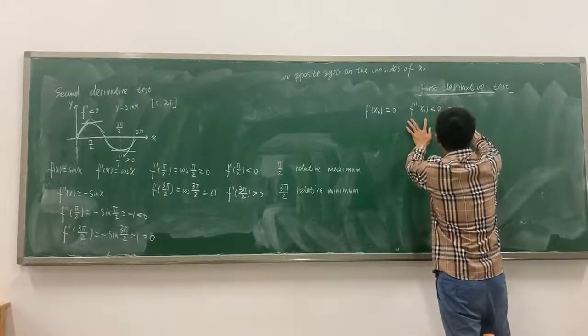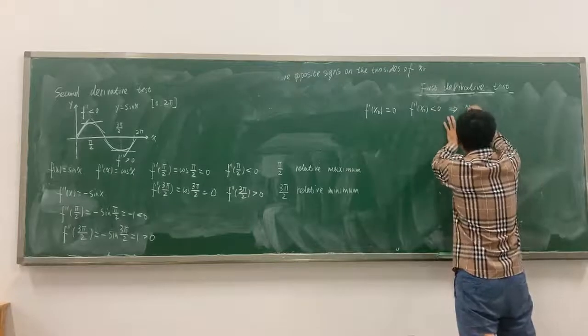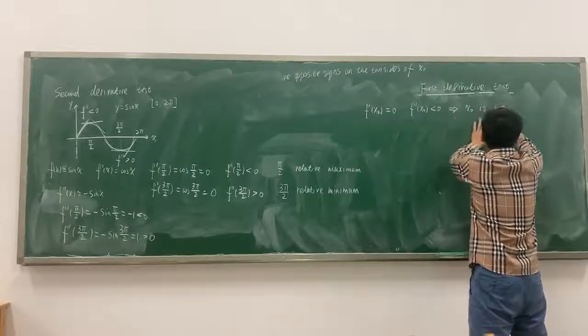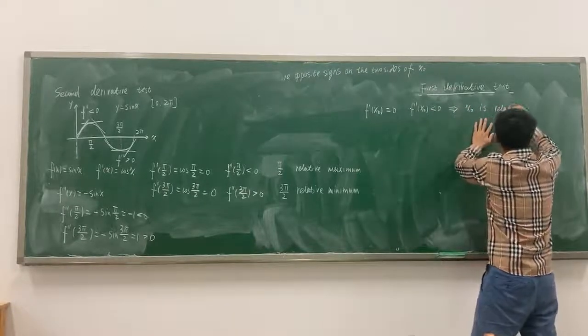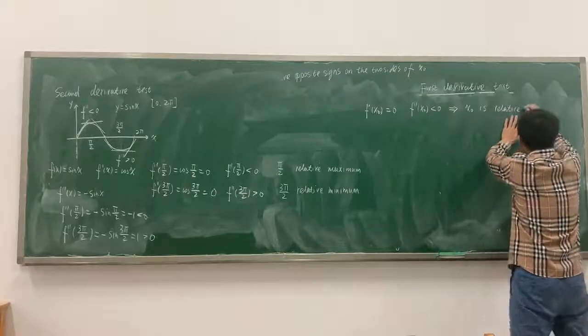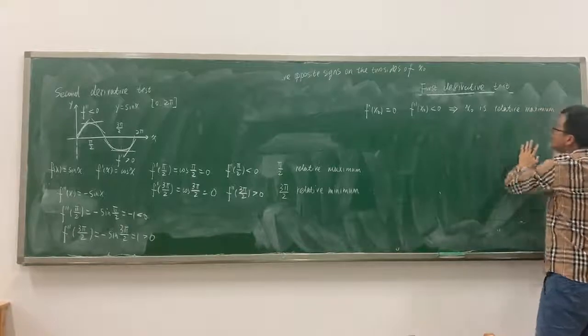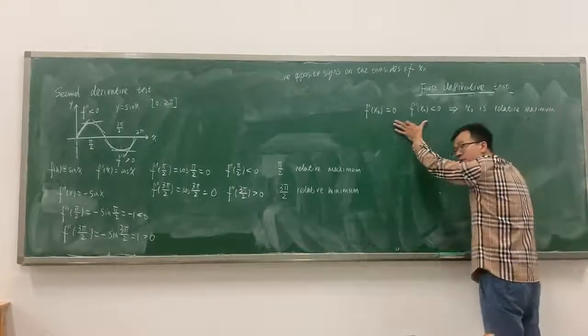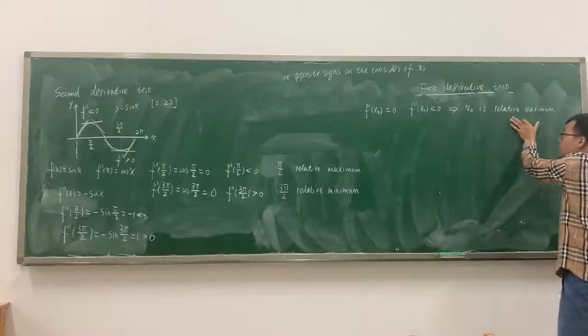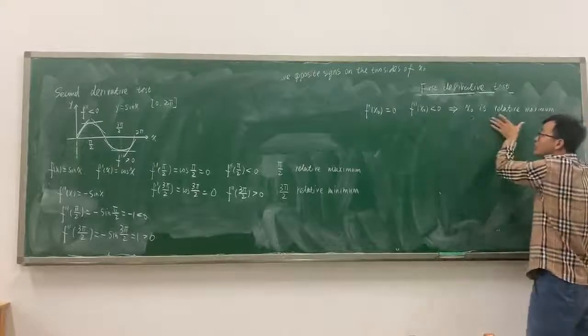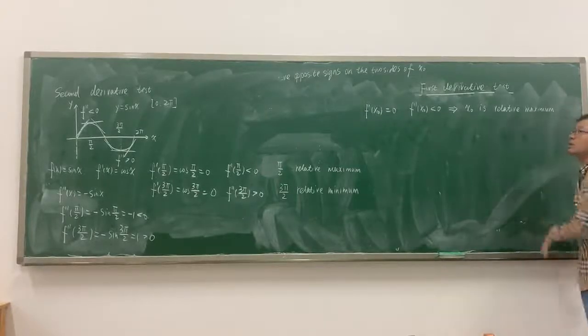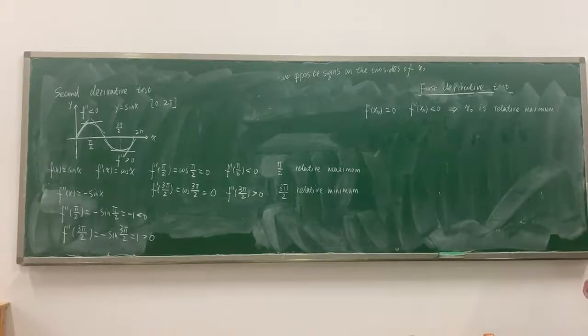We want to prove that x0 is a relative maximum. This is the condition, and this is the conclusion we want to prove. Now it's actually easy.